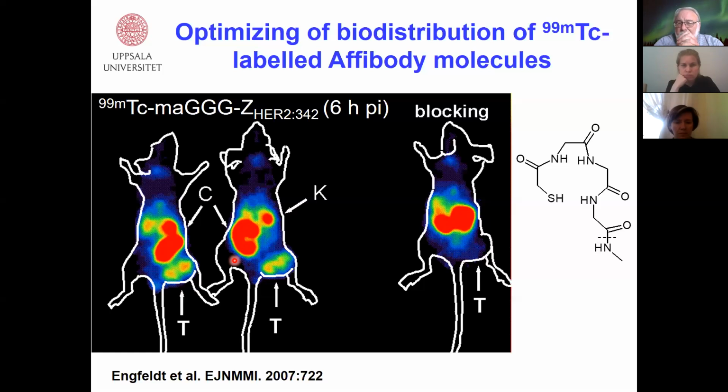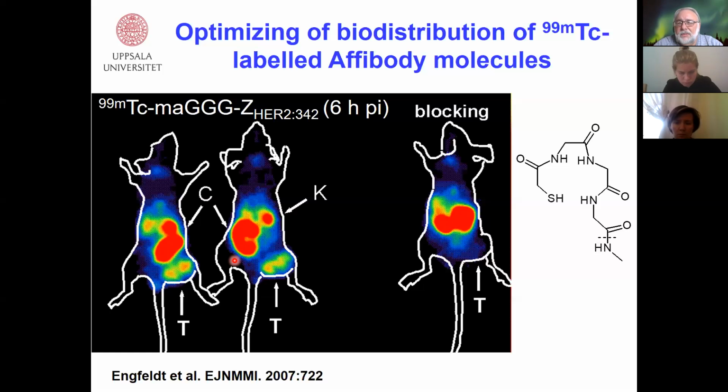And this is a trouble, because first it would create a high background for imaging of extrahepatic abdominal metastasis. Second, even worse, this activity might form clumps in the gastrointestinal tract that might give a false positive finding.